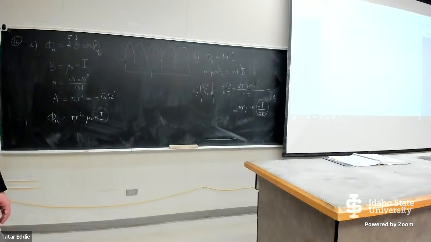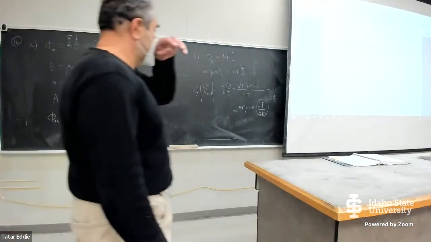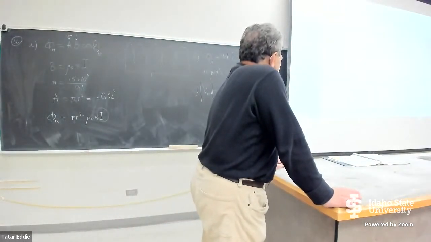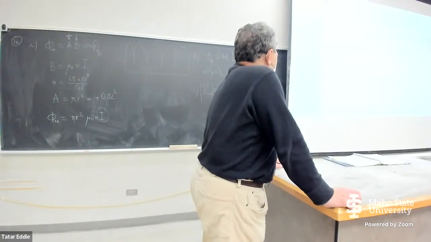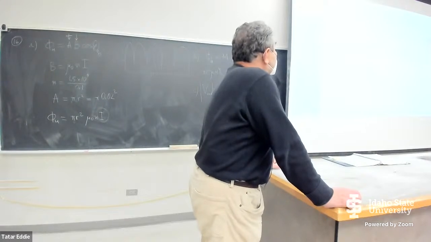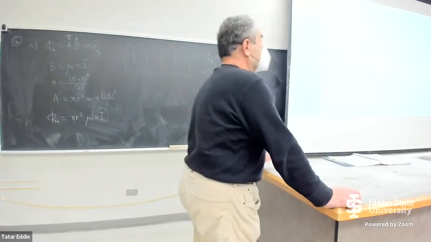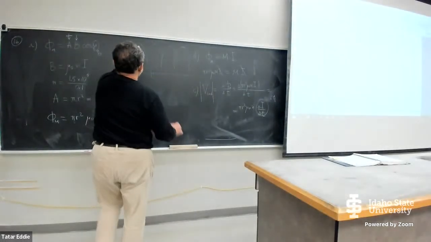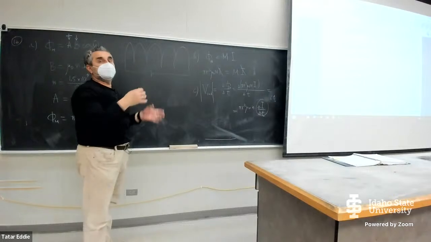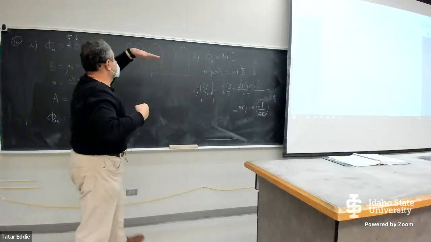Okay, part D. So now they're asking the same question as part C, find the induced EMF, but now the loop is oriented not like this, but like, well, just imagine that it is perpendicular, so it is like this.